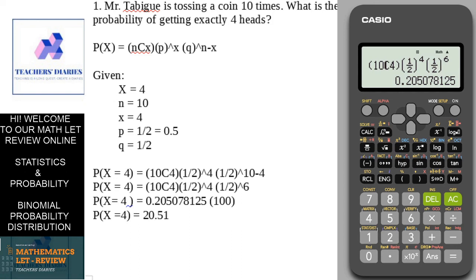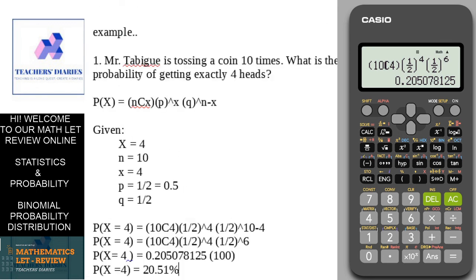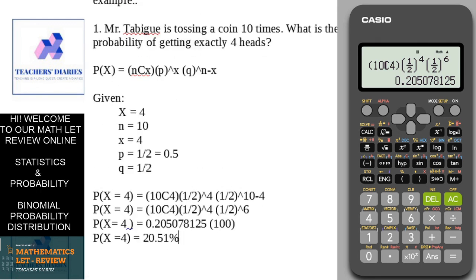We round off to the nearest hundredths here for the percentage form. Alright, we get the answer, 20.51. So therefore the probability of getting exactly 4 heads in tossing a coin 10 times is 20.51%.